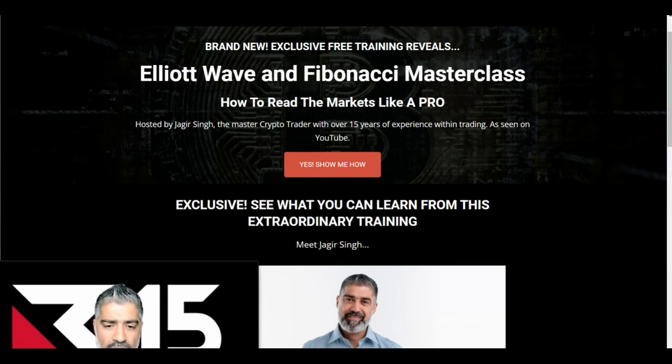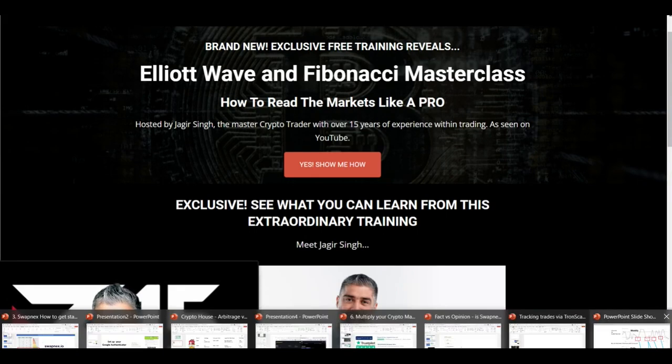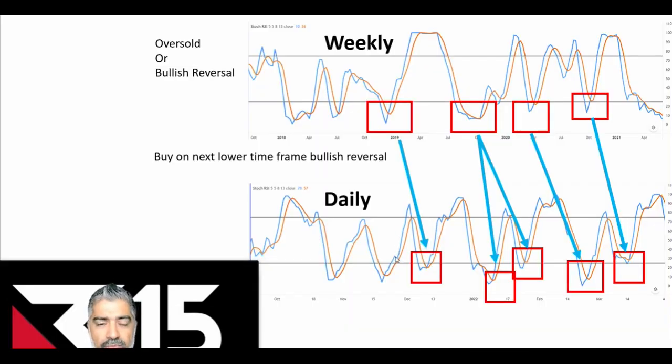So just to wrap up for today, let's go over here. This is what we covered. We are looking at 2 time frames, weekly and daily. It's not pretty, but when you're doing it day by day and week by week, it's not frantic. You're literally just being patient and going, right, where's the state of the momentum with the weekly chart? Is it oversold or bullish?